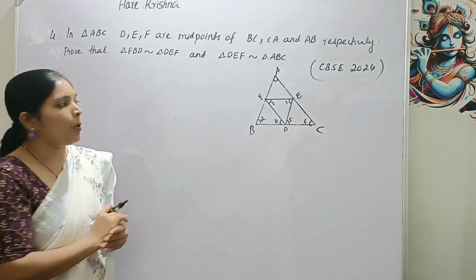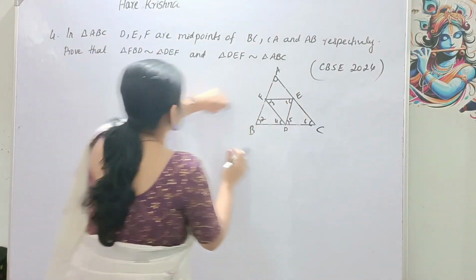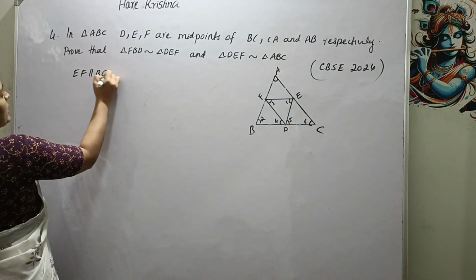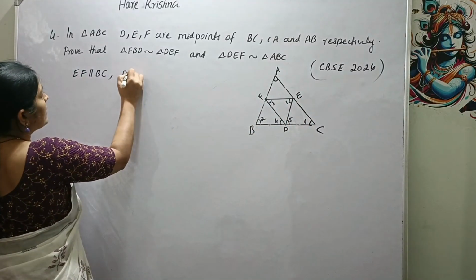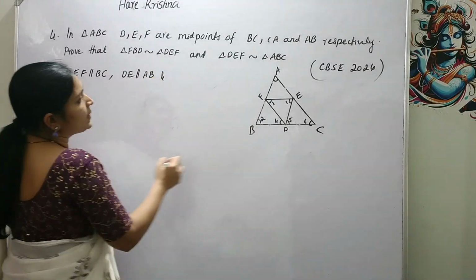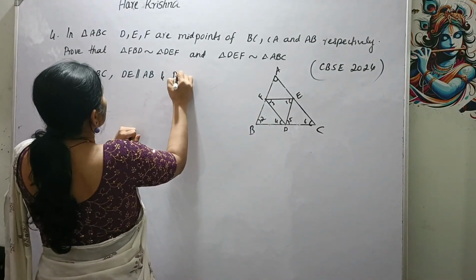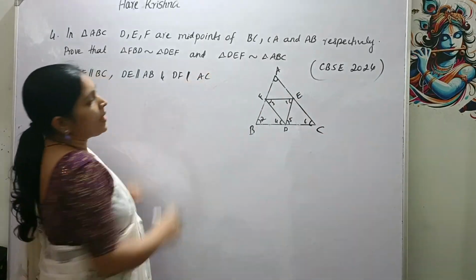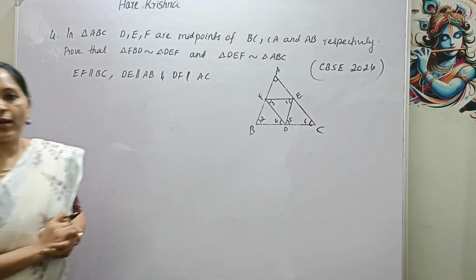Since these are the midpoints, here see EF is parallel to BC. Then DE is parallel to AB and DF is parallel to AC. Therefore, this BDEF is a parallelogram.